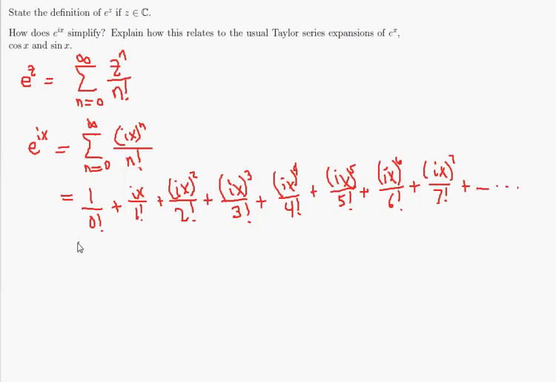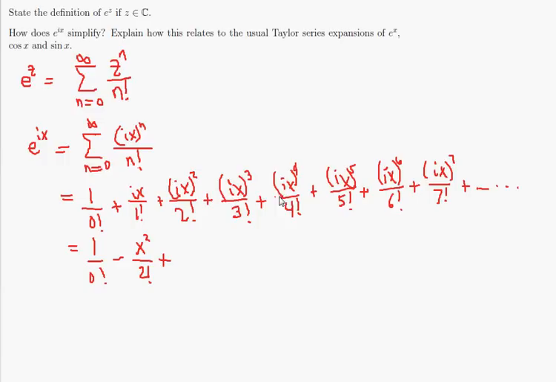Okay, now let's break this up into the real terms and the imaginary terms. The terms that are going to be real are going to be, well, the first term, 1 over 0 factorial. The next real term will be the squared term. i squared is negative 1. Then I have x squared over 2 factorial.